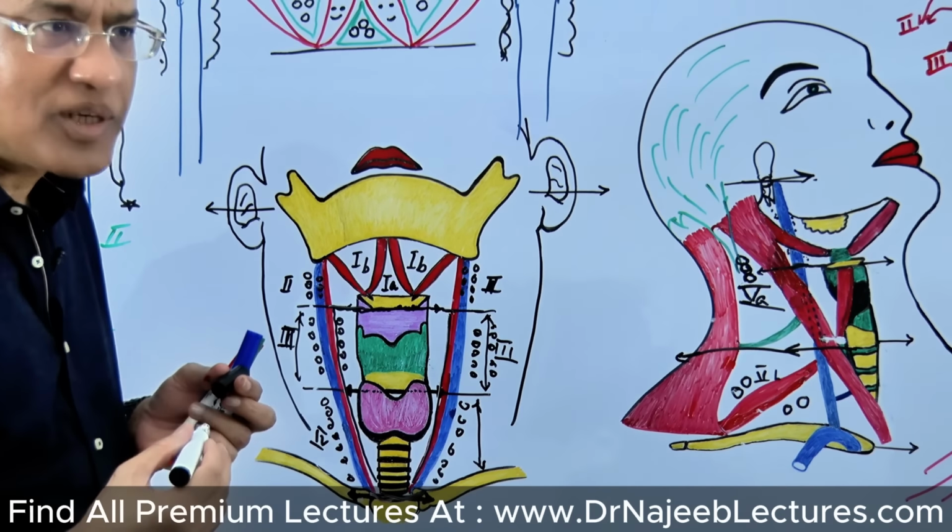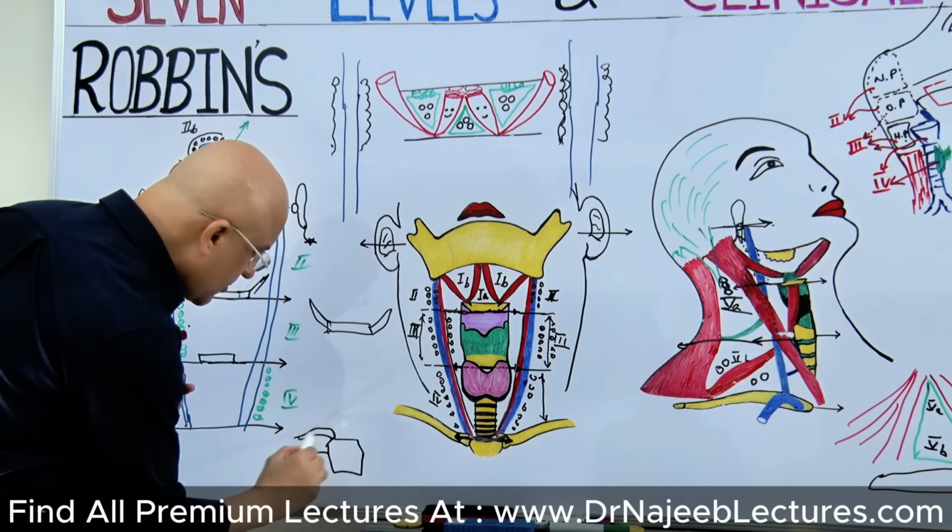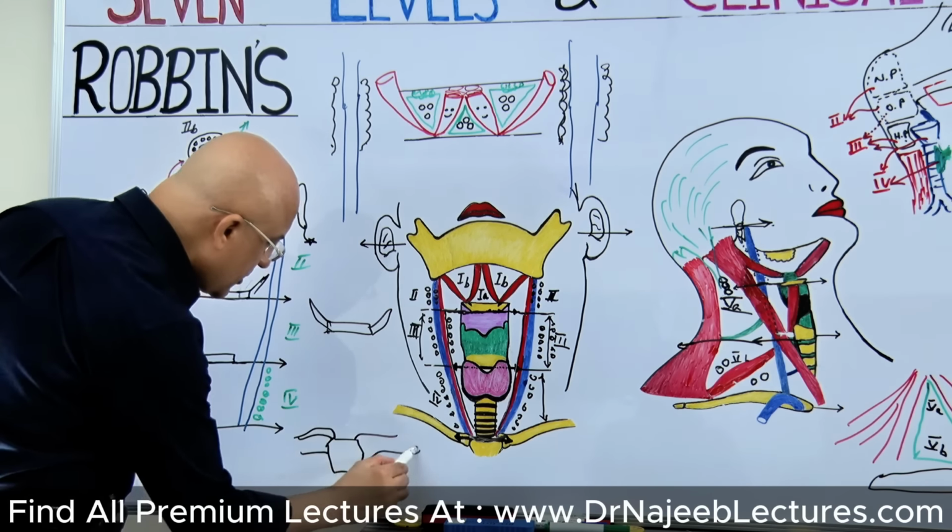So we can say, what is this here? Hyoid bone. What is this here? Right? And what is here? Carotid arteries.